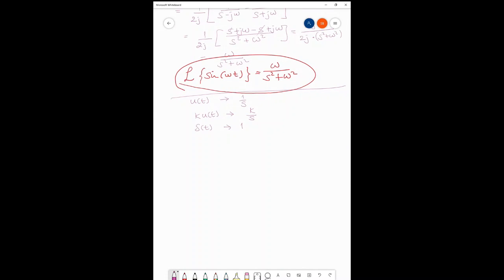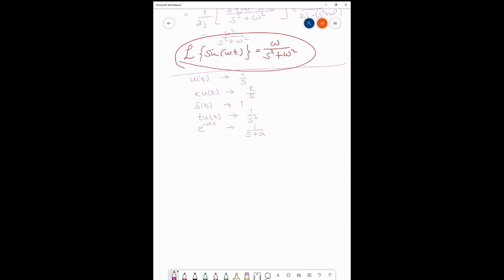We have seen the Laplace transform of a ramp function, t u(t), to be 1 over s squared. We have seen an exponential function e raised to minus at to have a Laplace transform of 1 over s plus a.